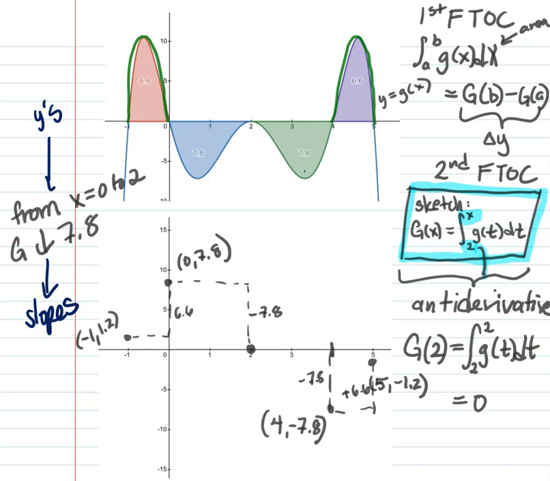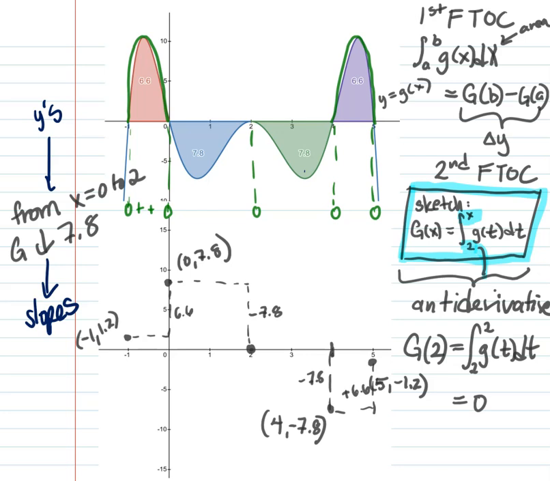So this was -1 to 0. Right at -1, the slope is 0, and right at 0, the slope is 0, and right at 2, the slope is 0, and at 4, again, this is really the y value, but down below it will mean slope. So the y values are 0 at all of those points.